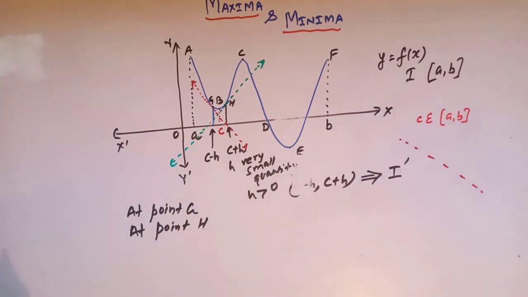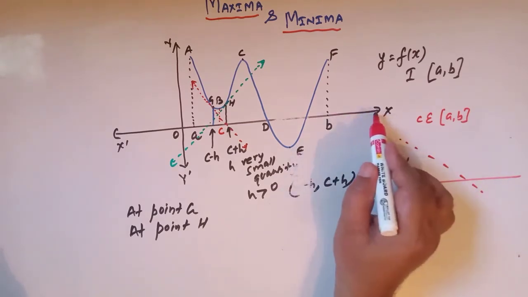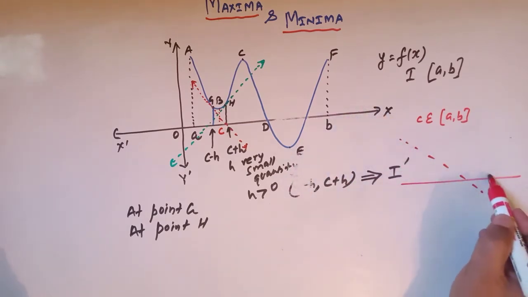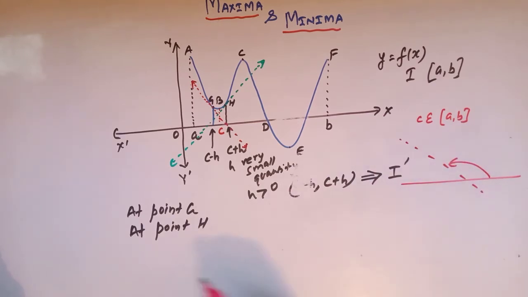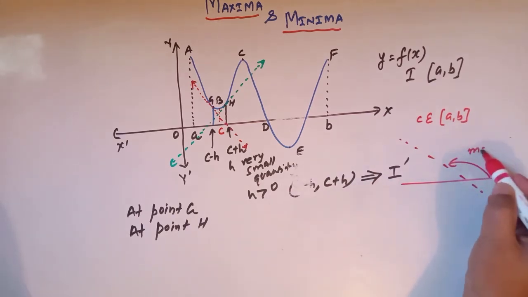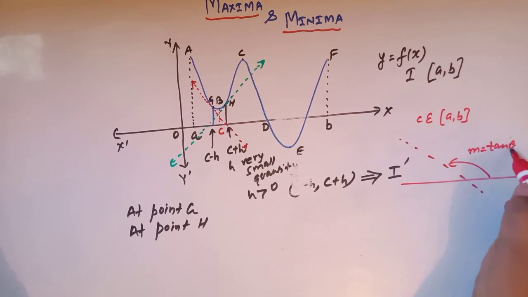The tangent is like this, and this is the x-axis. The slope is m equal to tan theta, and theta is an obtuse angle here.